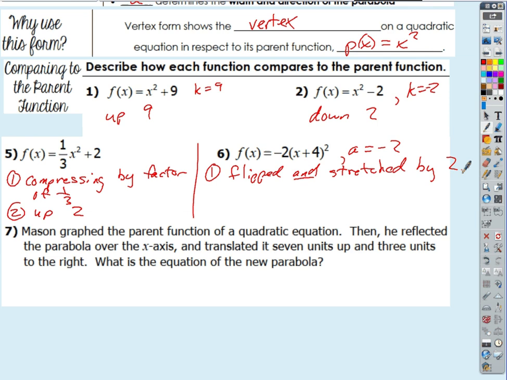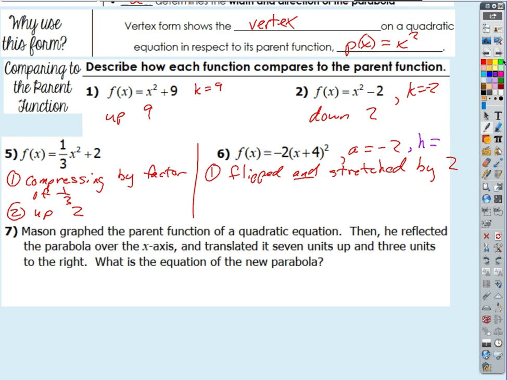What is that inside there? What's the 4 doing? No, I think I'm making it a little too hard. What is that, a value of A or H or K? H. It's H. What is the value of H there? 4. Remember, this is a little tricky. It's -4, right?